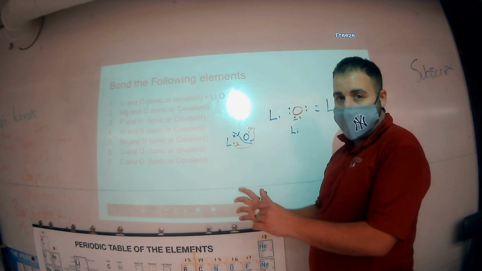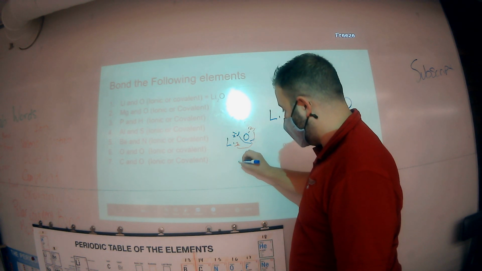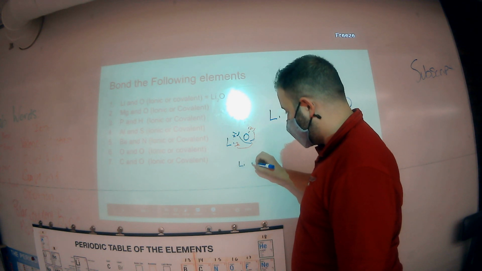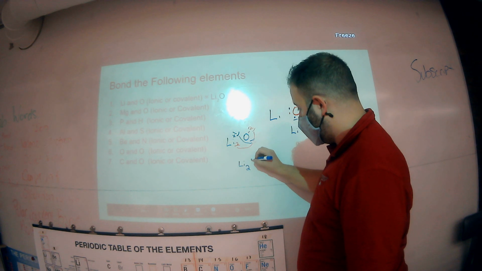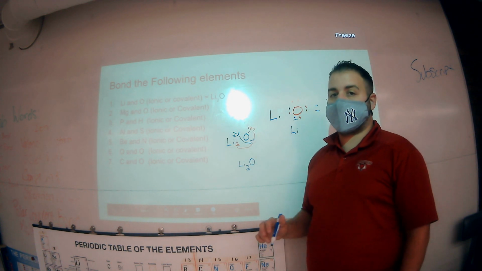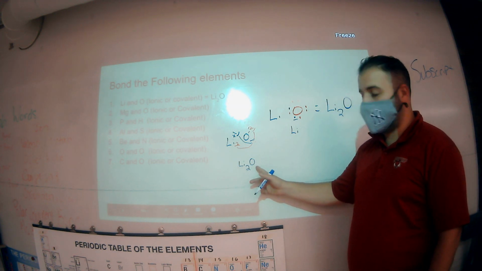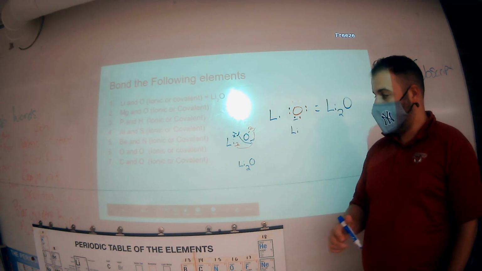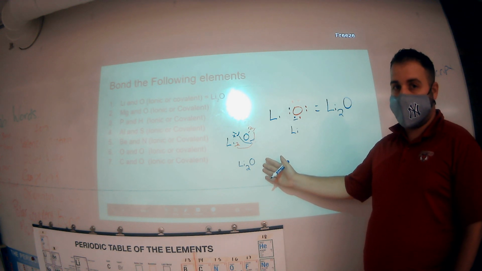Now I'm going to combine them because they're bonding, and I'm going to write my formula: Li2O. Now there's a 1 here, but you do not have to write the subscript of 1. So I'll end up with Li2O. This would be our final product when those two merge.